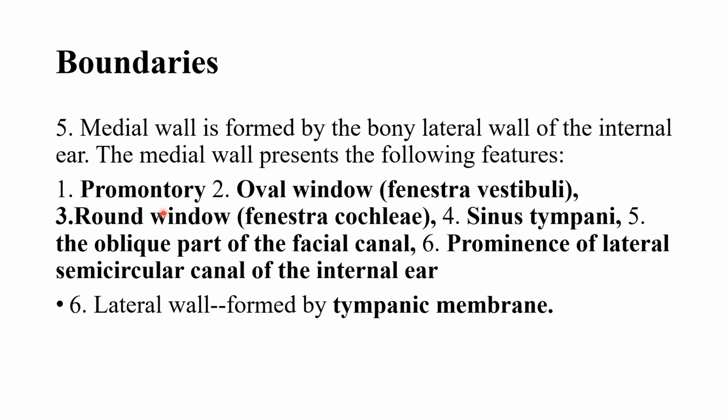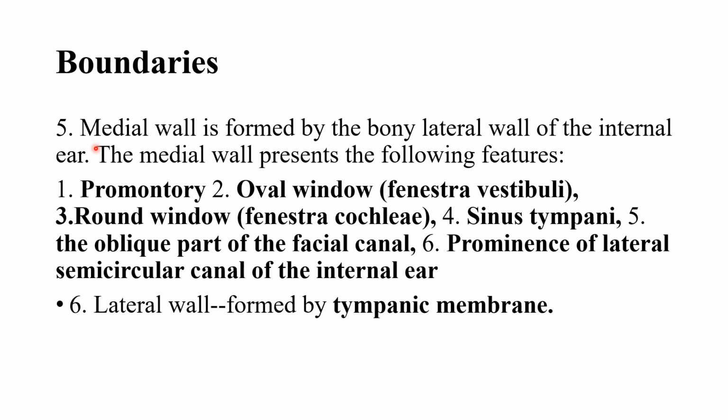So all these are formed because of the impaction of some structures from within the internal ear. Inside the internal ear lie the semicircular canals and the cochlea. They have got some turns. So the first turn of the cochlea makes this impression, which is seen from the medial wall side of the middle ear as the promontory.